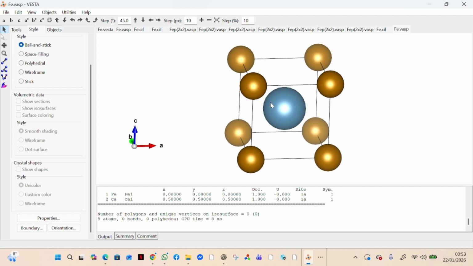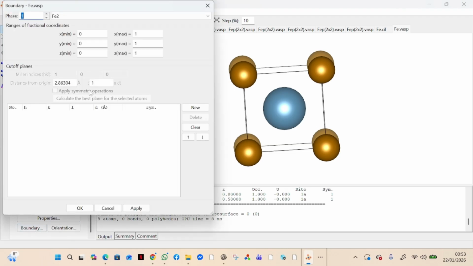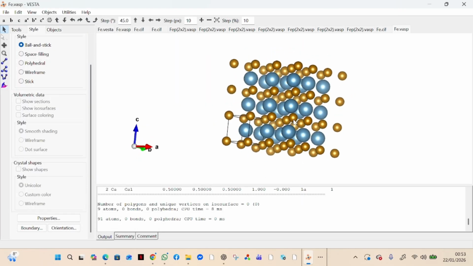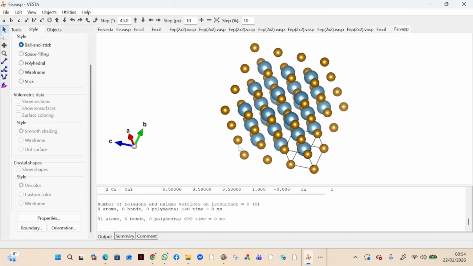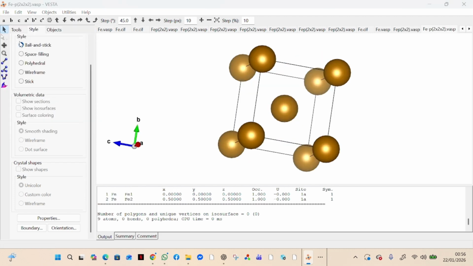Okay, so we see how the impurity is going to look, but we can extend to see the periodic units, how the code is actually reading your structure. Right, so this is how concentrated the material actually is that you created, and we can open.